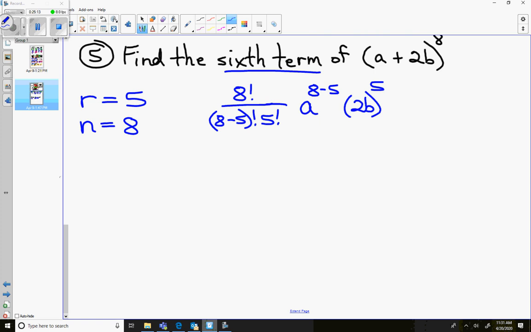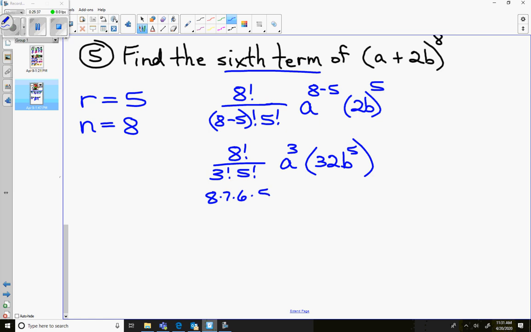So cleaning it up, we got 8 factorial over 3 factorial, 5 factorial, a cubed times. Now, the 2 and the b are raised to the 5th power. We get this: 8 times 7 times 6 times 5 factorial. 5 factorials cancel.